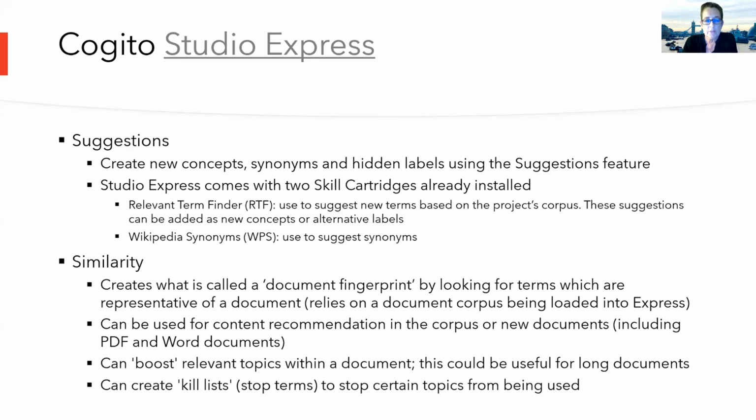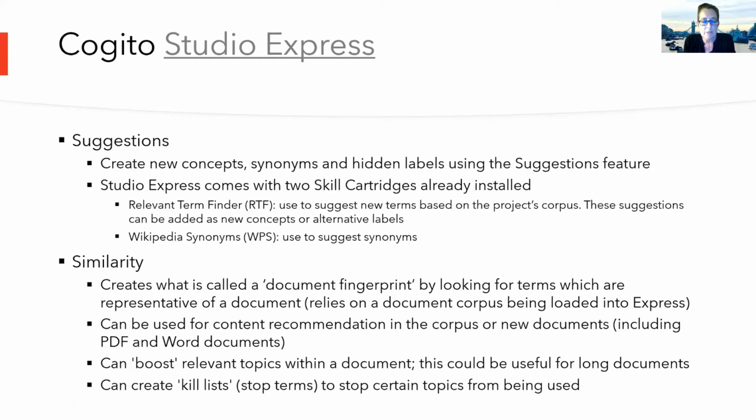The other one, I can't demo it today, because it's something I'm going to be exploring over the next few weeks, but maybe in a future meetup. It's something they call similarity, which intrigues me because it creates what they call a document fingerprint by searching within the document for terms which are representative of that document.